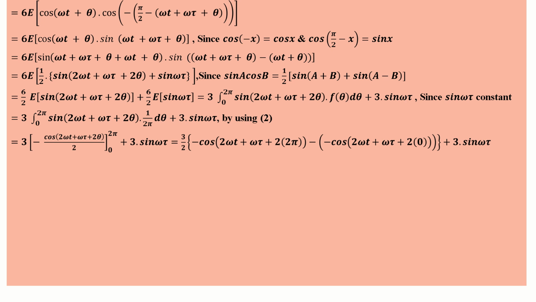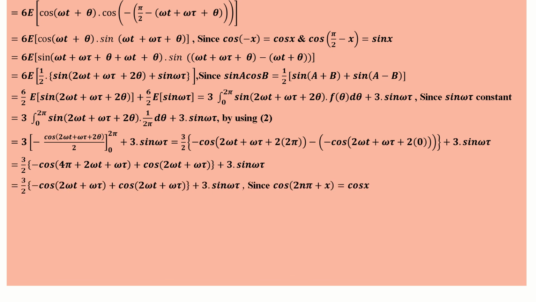So we are using the upper limit: 4π, minus cos(2ωt + ωτ + 4π) minus cos(2ωt + ωτ), into 0, 0, right, plus the next term 3 sin ωτ. We know cos(2nπ + x) is also cos x. So we are using the formula.